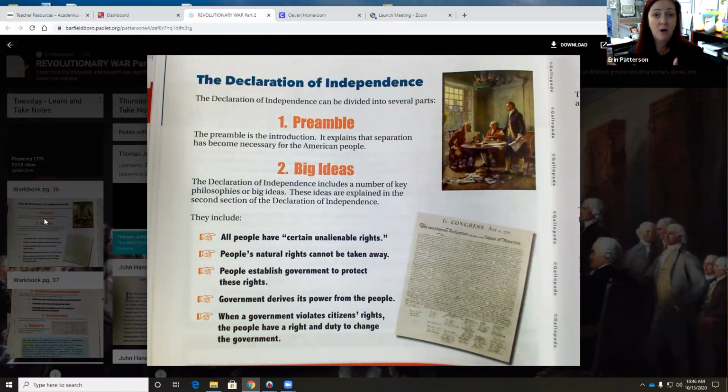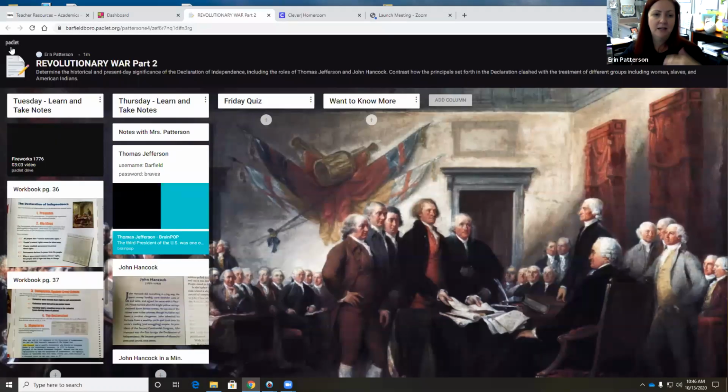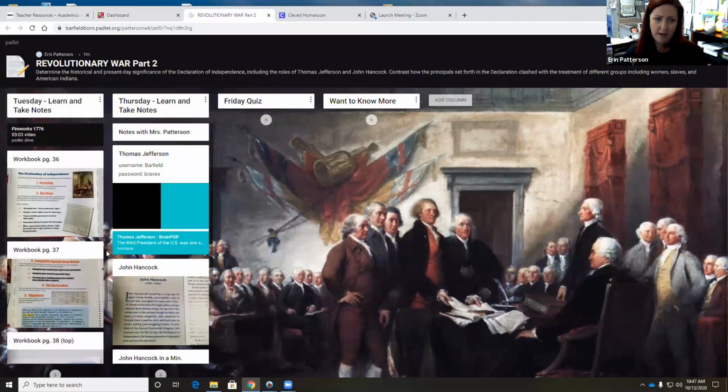And that comes from our Declaration of Independence. So that's the first two parts, introduction, and then these big ideas that humans have rights and the government should work to uphold those rights.